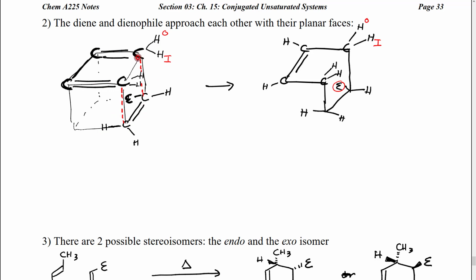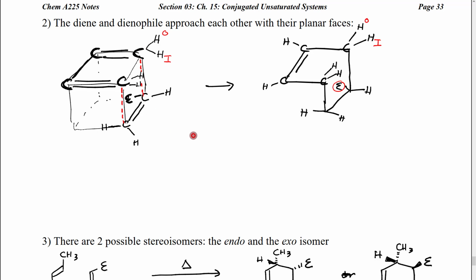As I've drawn it here, I have the diene on top, I have the dienophile on the bottom. They stack up, the two end carbons of the diene system line up with the two pi carbons of the dienophile system, and our new bond is basically formed straight down from the diene into the dienophile on those two things.